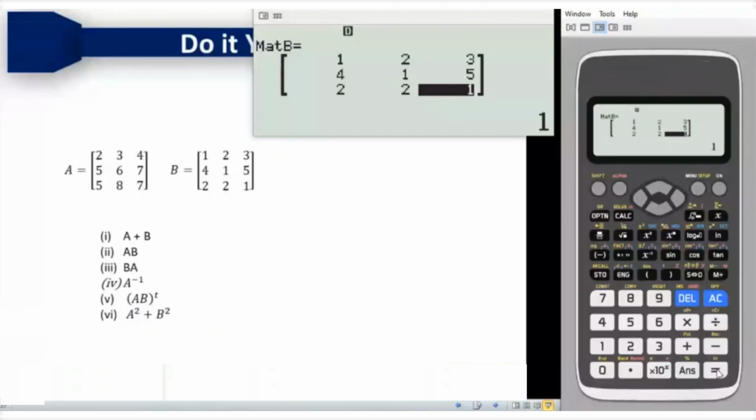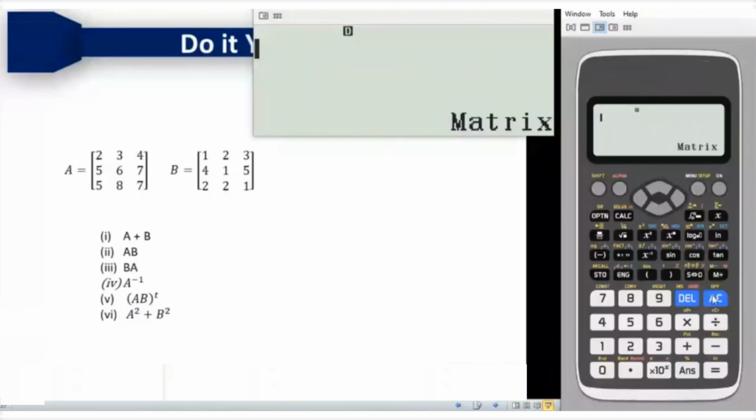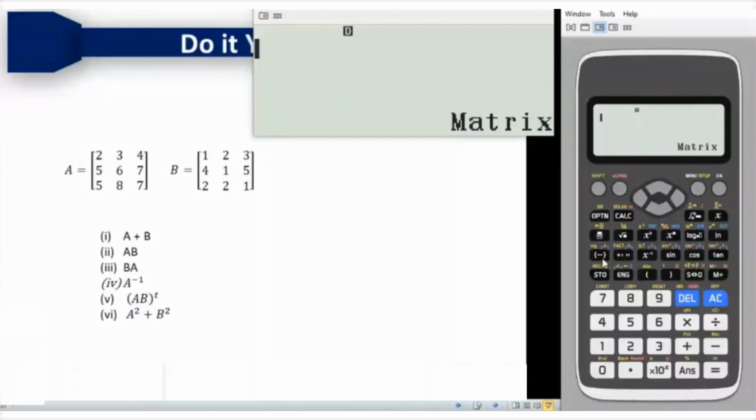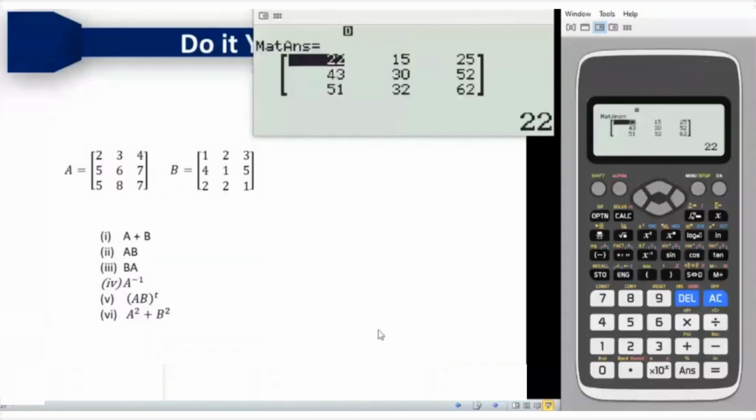Option 3 plus option 4. And the result is 3, 5, 7, 9, 7, 12, 7, 10, 8. The next part is A multiplied by B. So option A, that is 3, into option 4, that is B. And the result is 22, 15, 25, 43, 30, 52, 51, 32, 62.